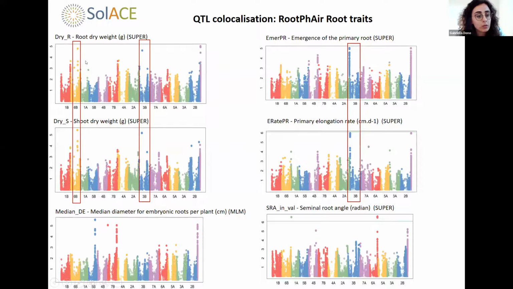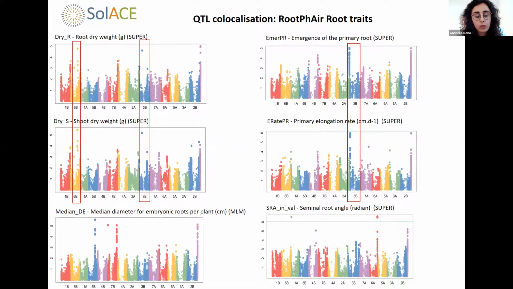In particular, this was possible for root dry weight, which seems to colocalize with the shoot dry weight on the 6 and 3B chromosomes. The same was true for emergence of the primary root with the primary elongation rate. Both these variables seem to have some SNPs in the 3B chromosome region.